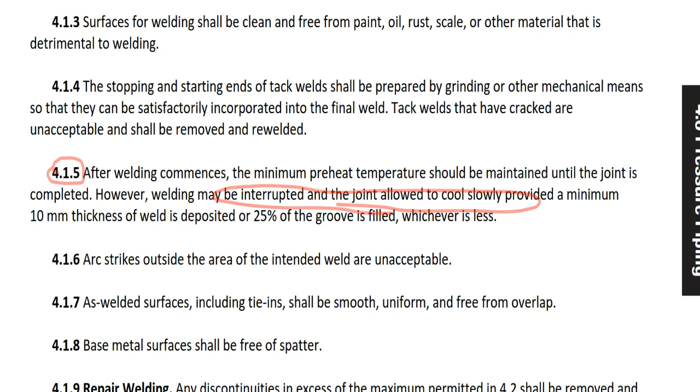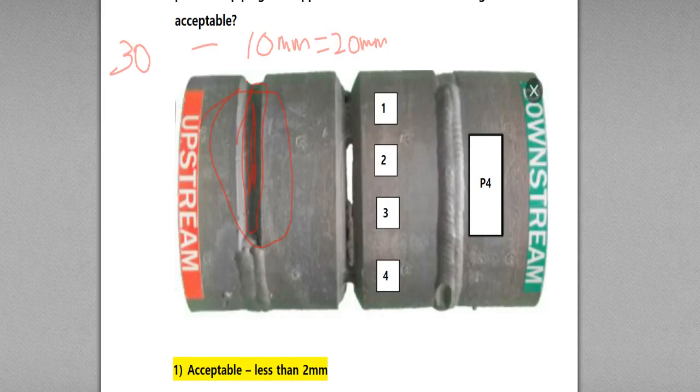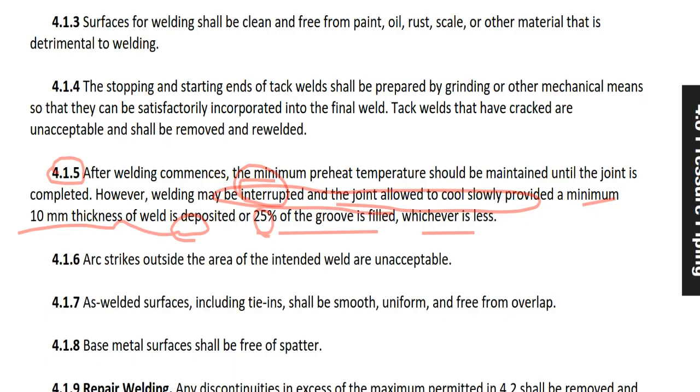Interrupted and joint allowed to cool slowly. A minimum 10 mm thickness of the weld is deposited when interrupted, or 25% of the groove is filled, whichever is less. Go back to the specimen. The weld deposit is 20 millimeter, but it is interrupted after welding commences. So this first sentence is satisfied, but you need to check the 25% of the groove filled.